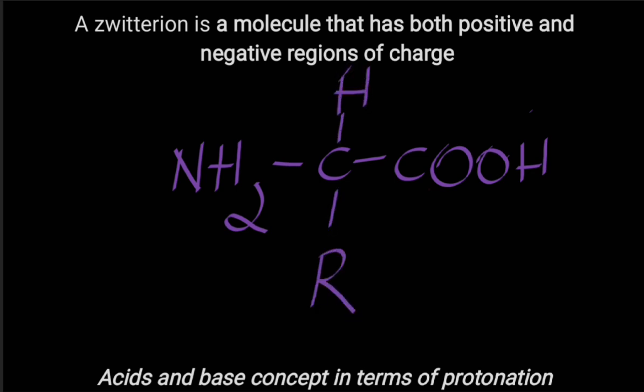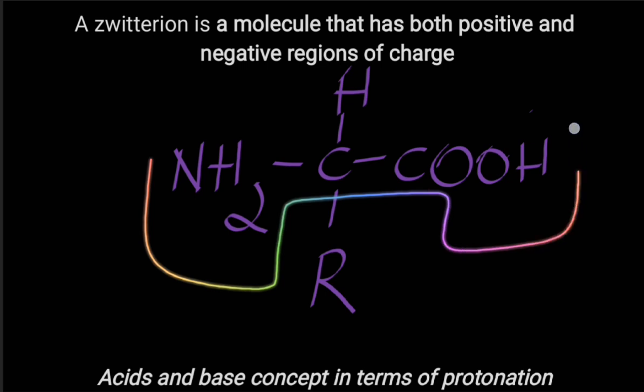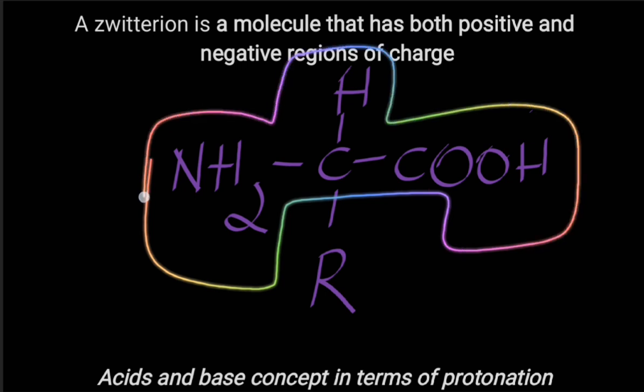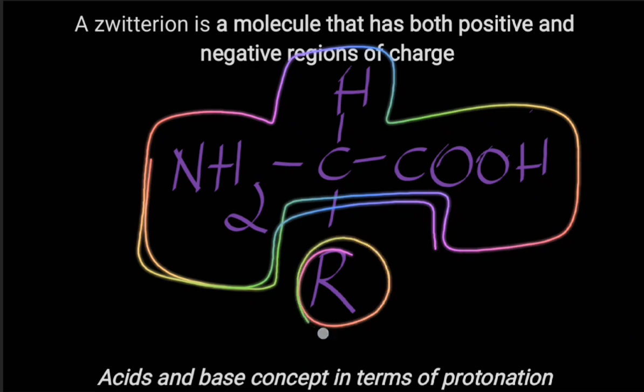So the R group is responsible for the classification of the amino acid. So every other thing will be same in the amino acid except for the R group. This backbone is going to remain the same, and then this R will be different.